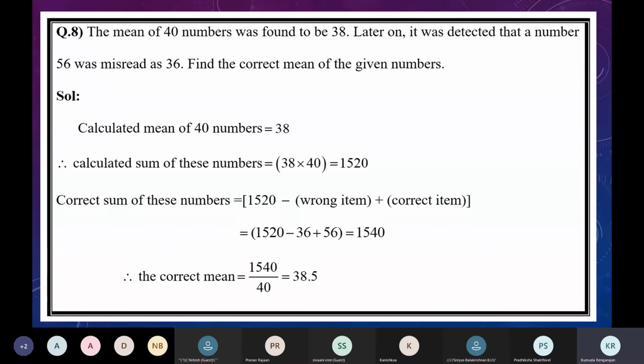The correct sum will be from the total 1520, take away the wrong number and add the correct number. Yes, ma'am. 1540 is the correct total. Now the question is to find the correct mean of the given numbers. Find the mean, not the correct total.